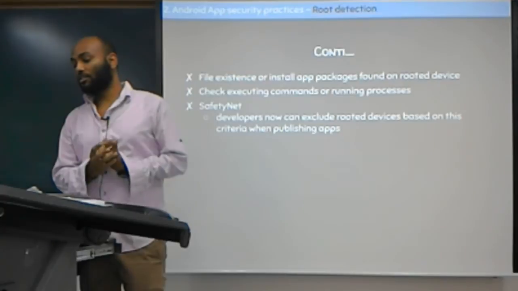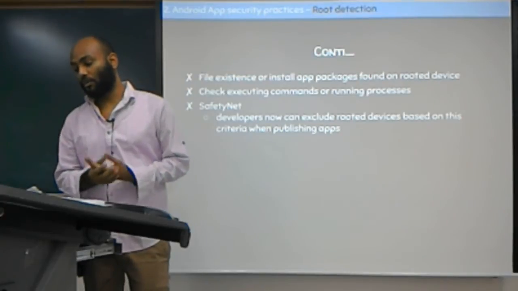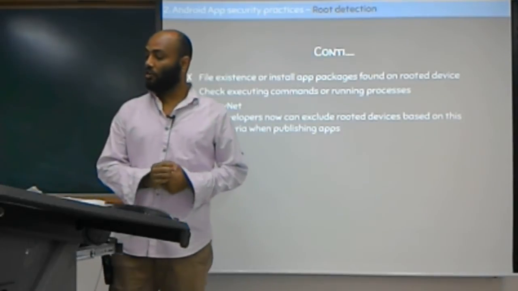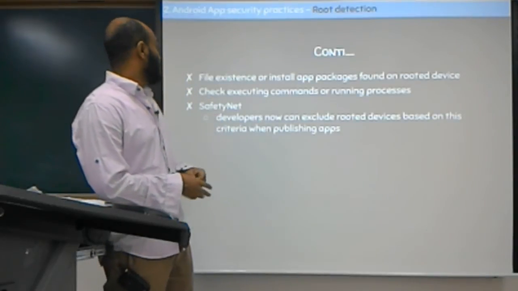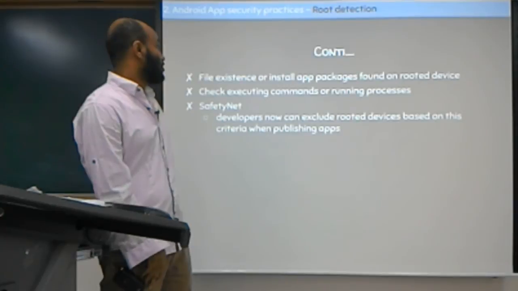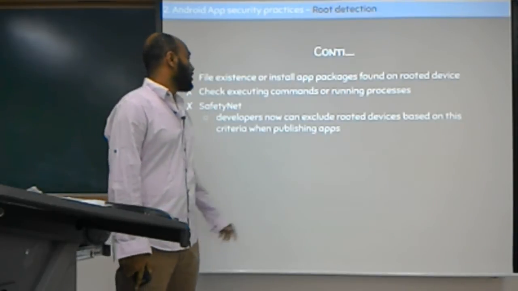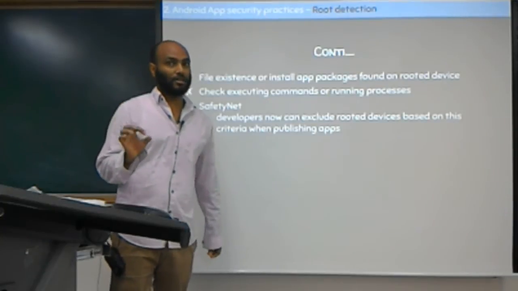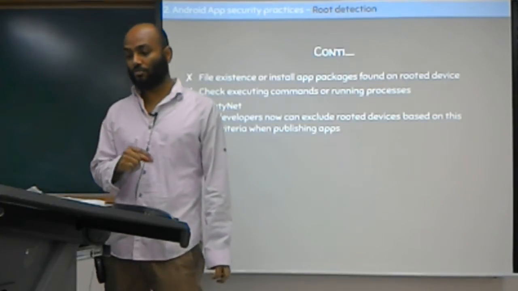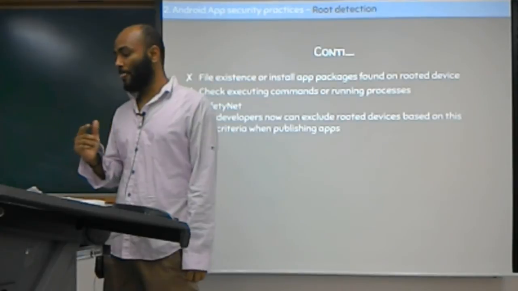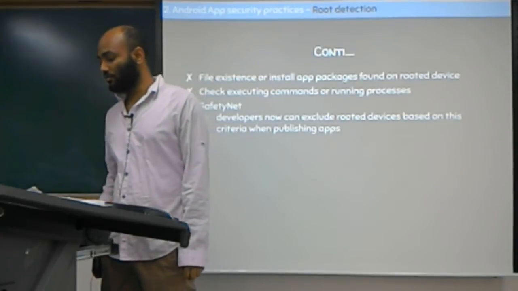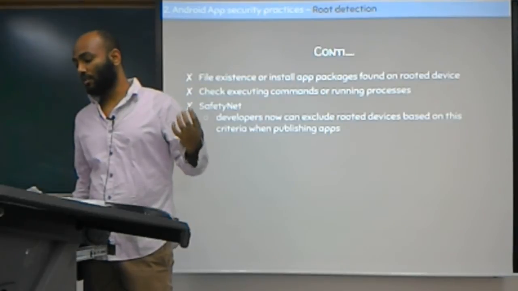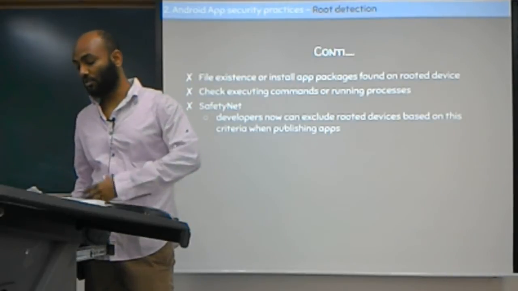So the first method is to check if such installed packages are found on the device, and the second one is to check existing commands or running processes. On rooted devices you can find specific running processes like supersu and daemon or others. So we can check the running processes to see if the device is rooted or not.